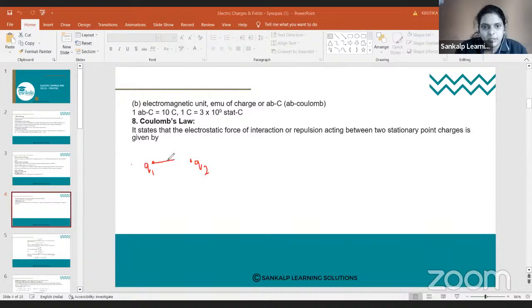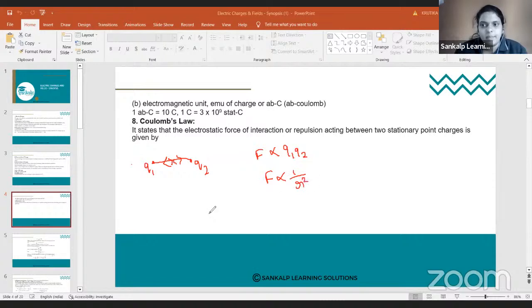If it is the same charge, there will be a force of repulsion. For unlike charges, there will be a force of attraction. Whether it is attraction or repulsion, the force is directly proportional to the product of the charges and inversely proportional to the square of the distance between them.